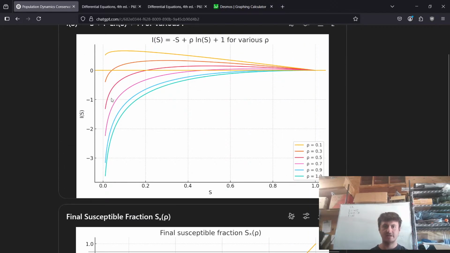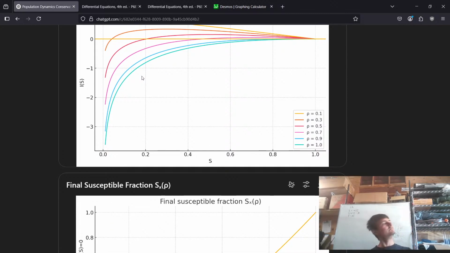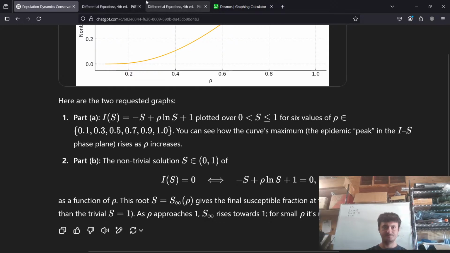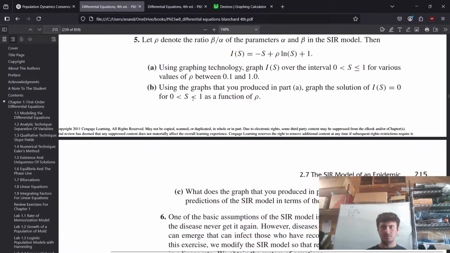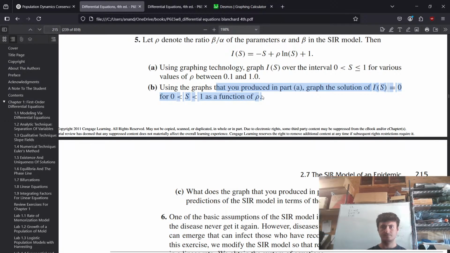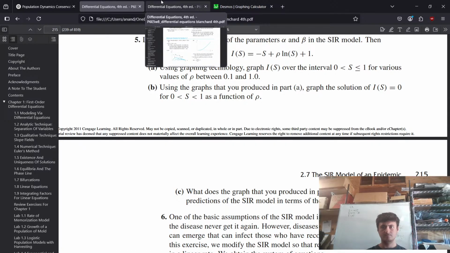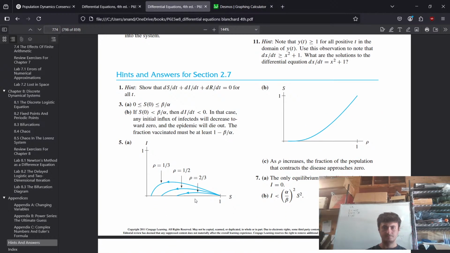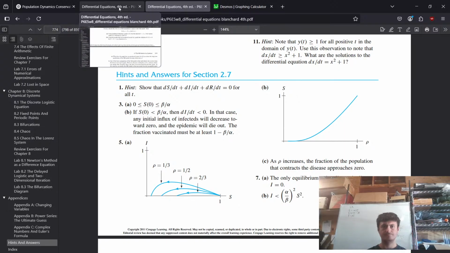It shouldn't cross this axis though. And then what is part B? Part B is... okay.